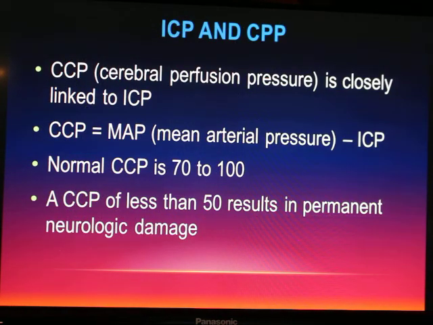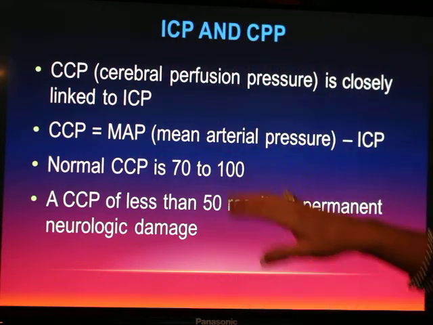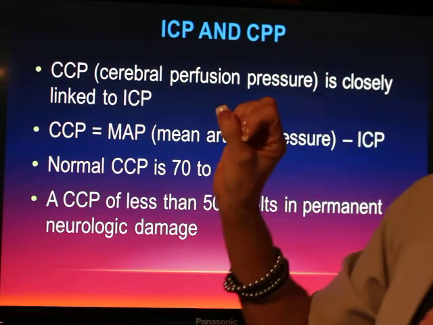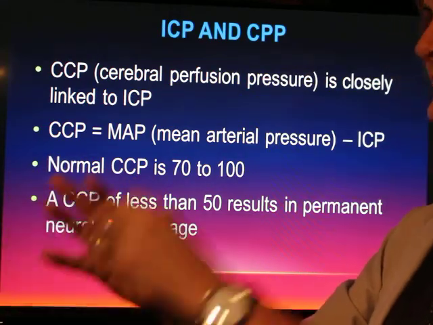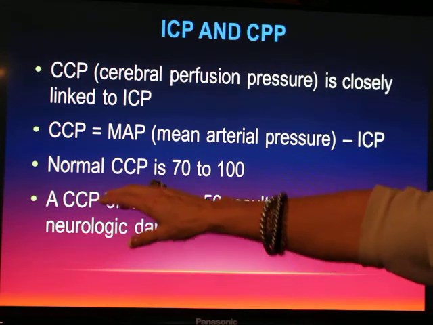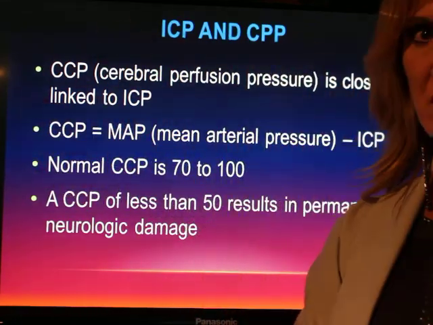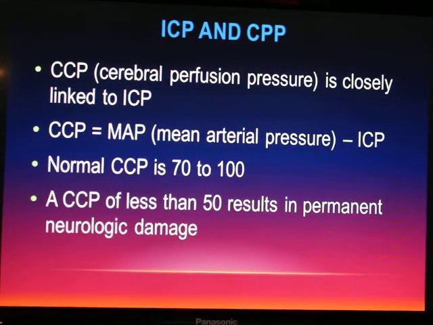Now I wanted to talk about cerebral perfusion versus intracranial pressure. You kind of need to know this. Your CPP is your cerebral perfusion pressure. Your body works very hard to maintain perfusion to the brain. Basically, that's how well the brain is getting perfused. To figure out your cerebral perfusion pressure, you take your mean arterial pressure, and you know how to figure this out from Med-Surg 1.